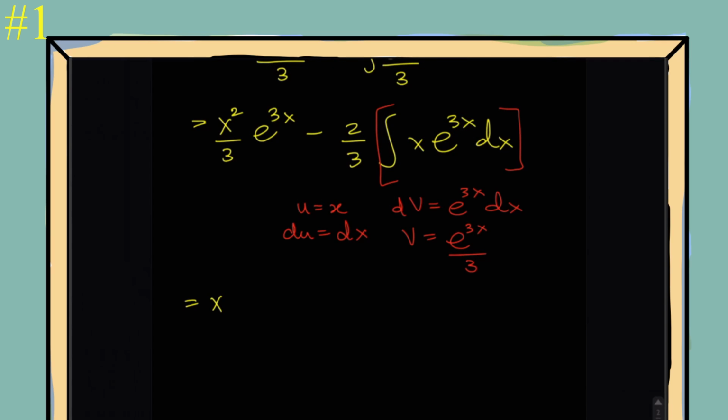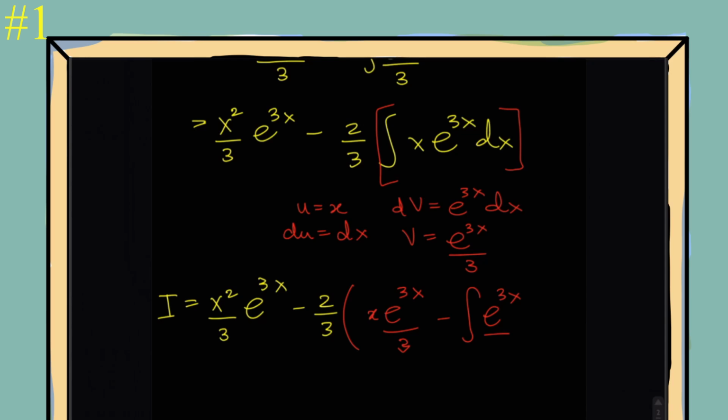And so we can now plug it in, so we get I, our integral, is x squared over 3 e to the 3x minus 2/3, and then uv, which is x e to the 3x over 3, minus the integral of e to the 3x over 3 times dx, since that's our du.